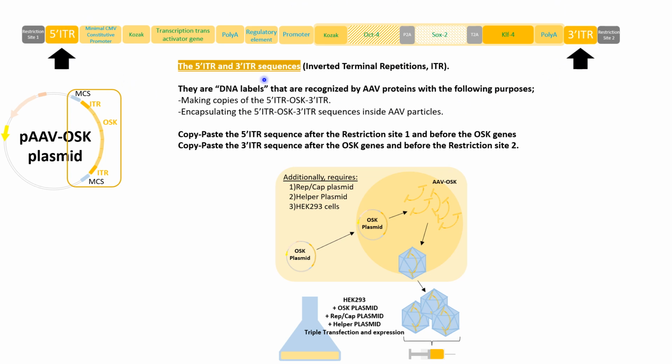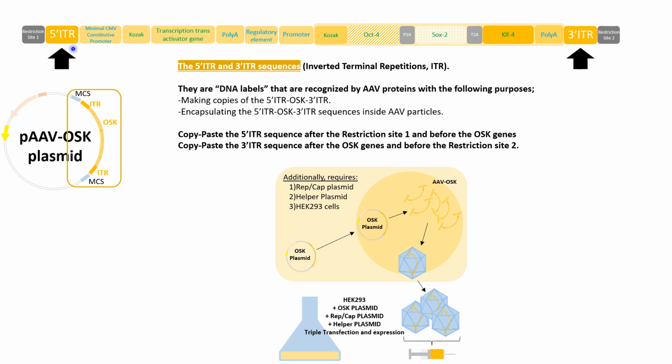Okay, the ITR sequences. Remember, the restriction site 1 and 2 help us to clone this inside the plasmid. And now the ITR serve another purpose. The ITR sequences are kind of labels, okay? They label what they have inside, and what they have inside is the cargo, the OS genes.